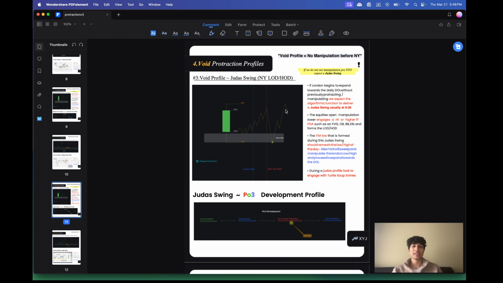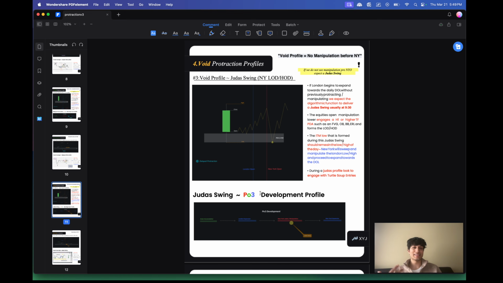Being able to recognize the conditions that will form a Judas swing will allow you to position yourself to get long after the manipulation occurs, as opposed to being on the other side of a violent equities open against the draw on liquidity. We see this quite often.